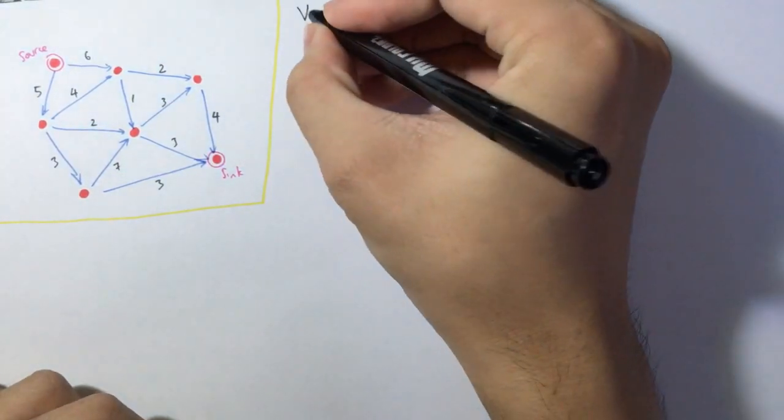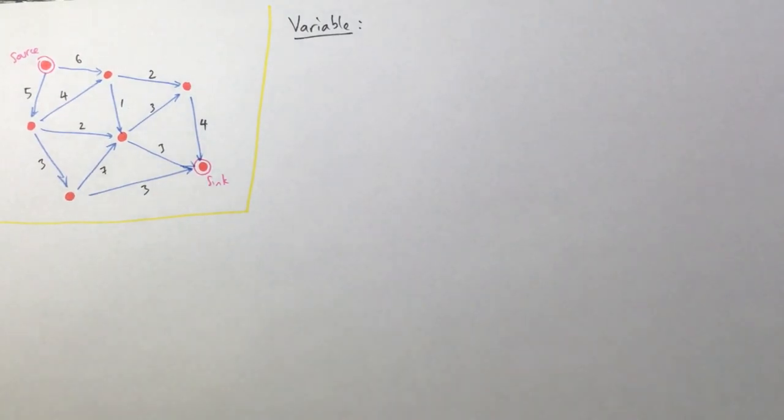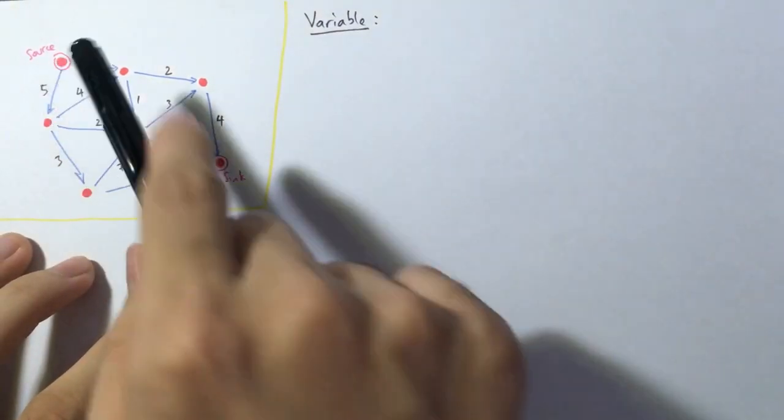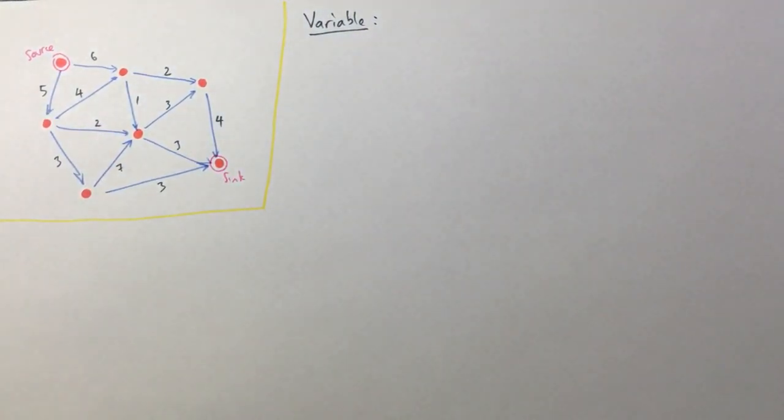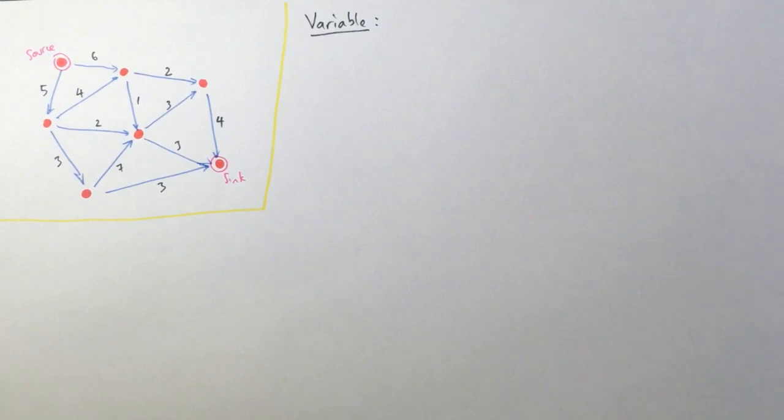First, we are going to think about the variable that we have. In this case, what we're really trying to change is the amount of flow that is going through each of the edges. So it makes sense that we make our variable as such.